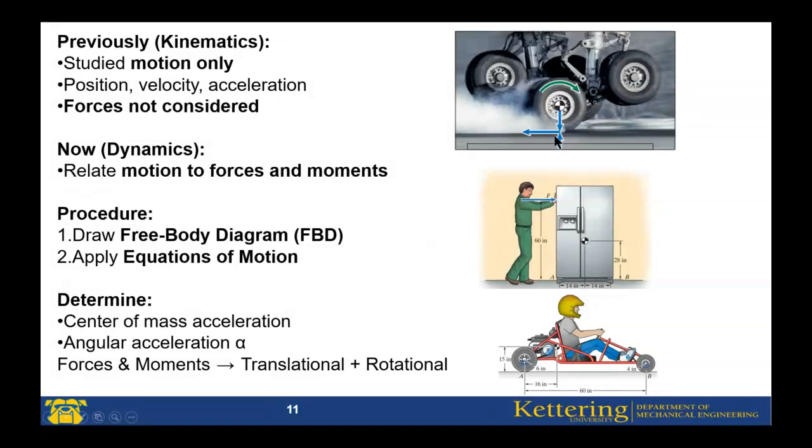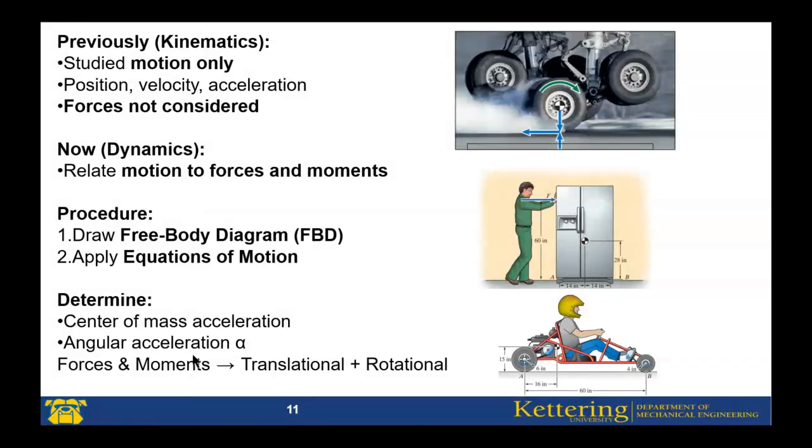You can see several forces apply while the tire rotates and simultaneously translates. The procedure is that we draw the free body diagram as we did for the particle, and we apply the equation of motion. What is different here is that we also need to consider the angular acceleration.